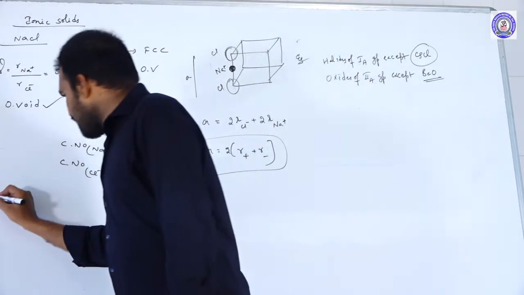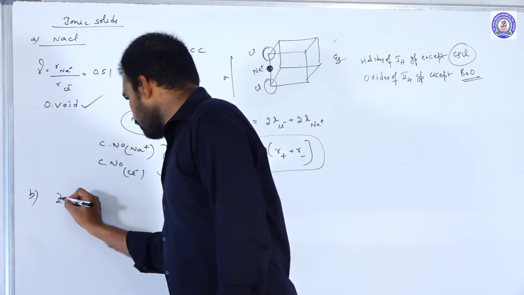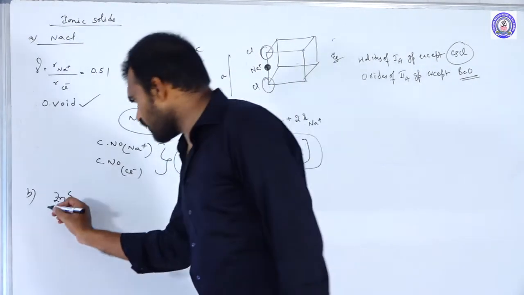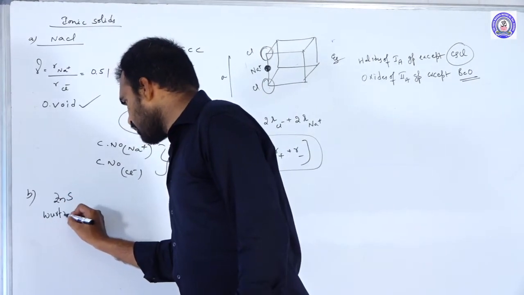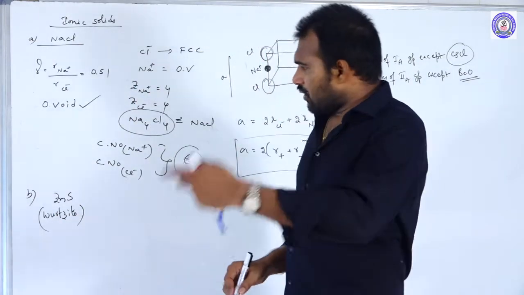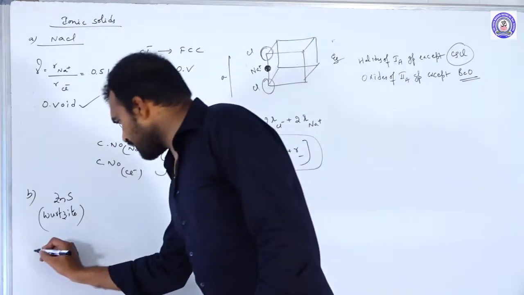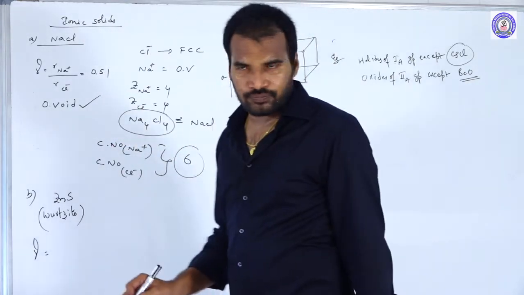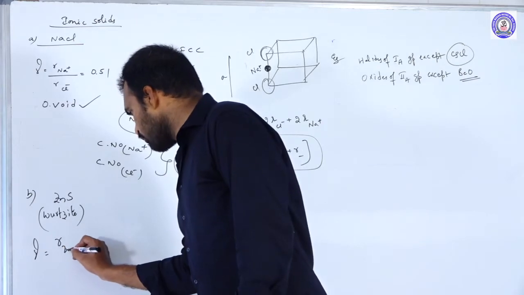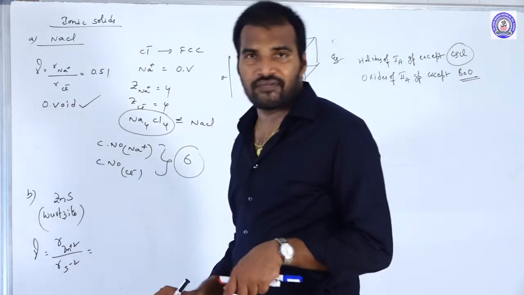The second category, the second ionic solid I am going to discuss, is zinc sulfide. This is also called wurtzite, zinc sulfide. This is also an AB type of solid. When we calculate the limiting radius ratio gamma value, that means the radius of Zn2+ to the radius of the sulfide ion, how much did we get?